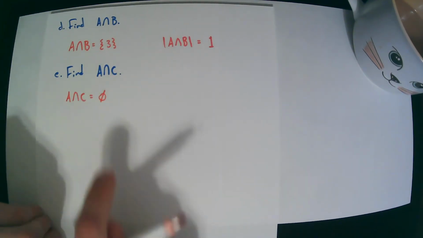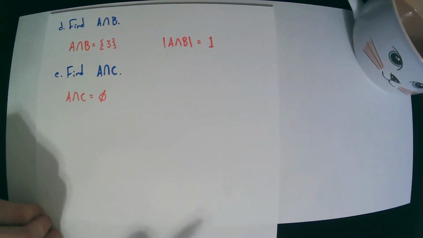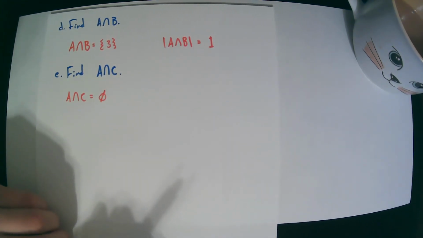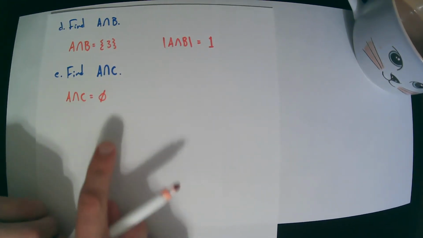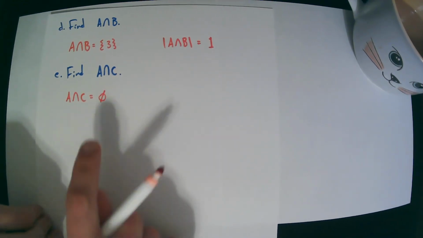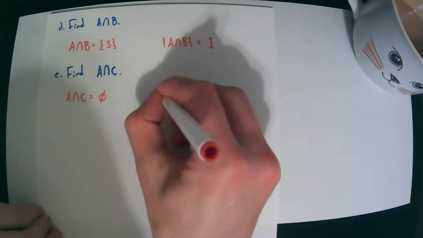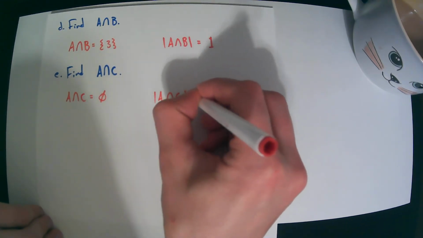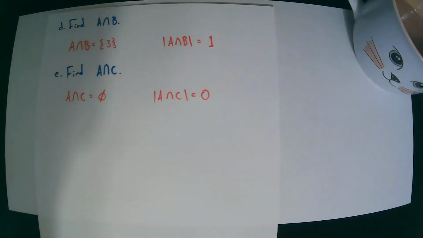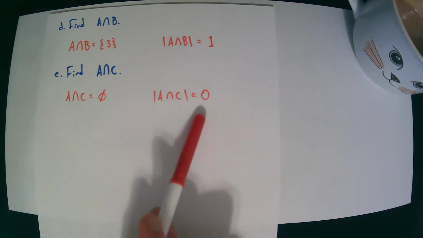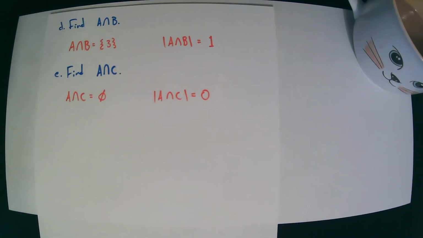It's empty. The empty set. Because they share no elements. There are no common elements between A and C. So their intersection is empty. And by the way, what is the cardinal number? It's 0. If a set is empty, then its cardinal number is 0.